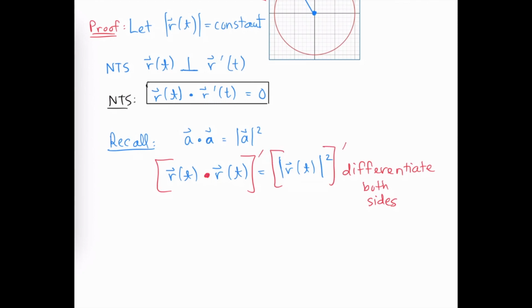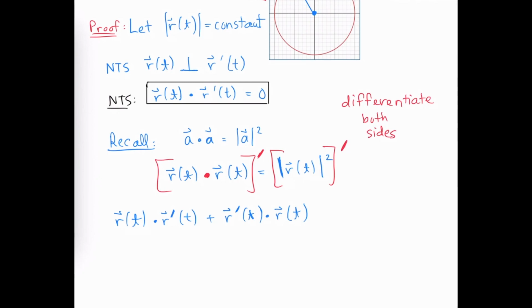Now, the derivative of the left, it's the dot product of two vectors, and the derivative of a dot product follows the product rule of differentiation. And what that looks like is the first dot the derivative of the second plus the derivative of the first dot the second.